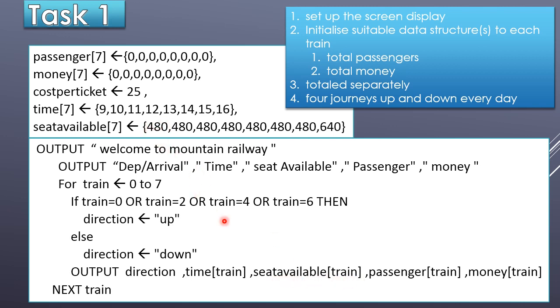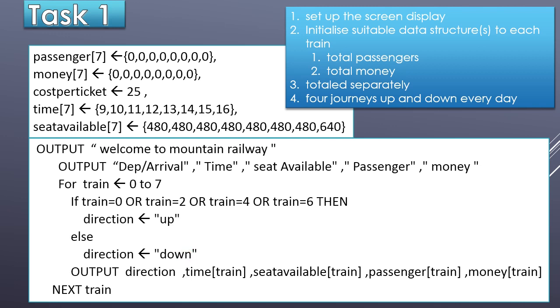Then the first location of passengers is 0, and money is also 0. These all take the first location value to display, except the direction, because the direction is given by a condition within this loop structure. If it's the 0th location it's going to be up, and the first location means it's going to be down. So likewise it will show in the display.